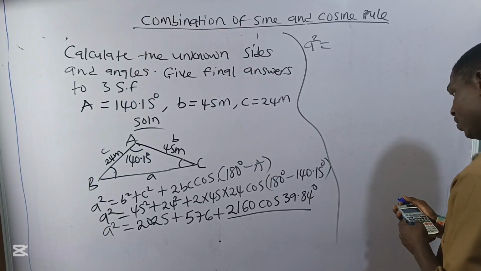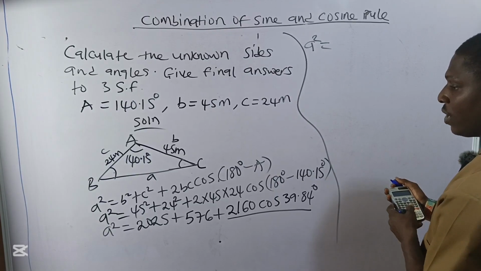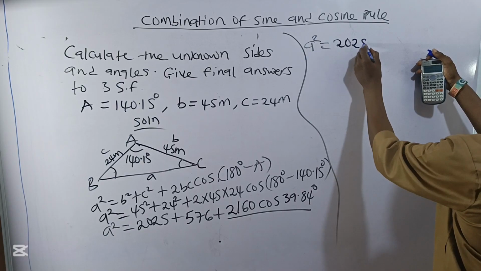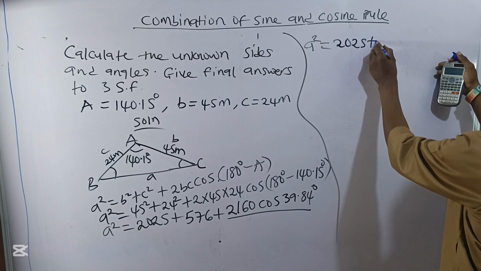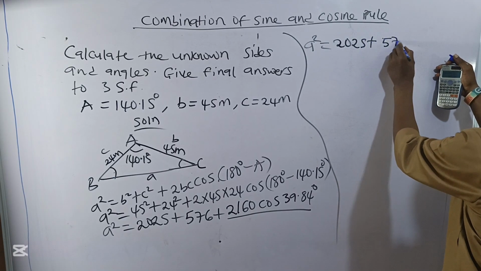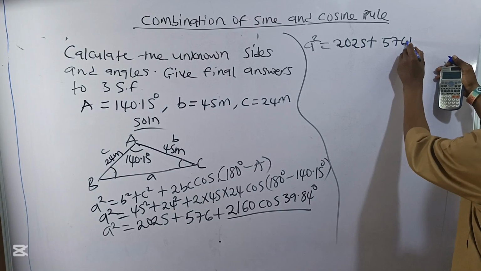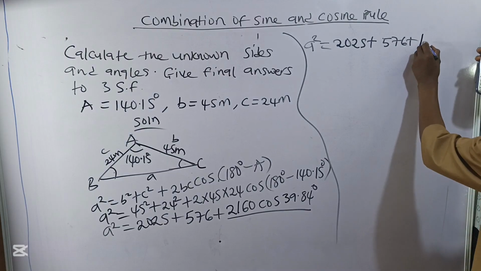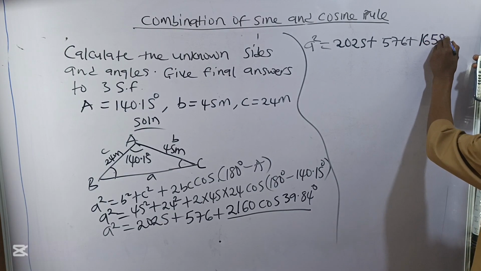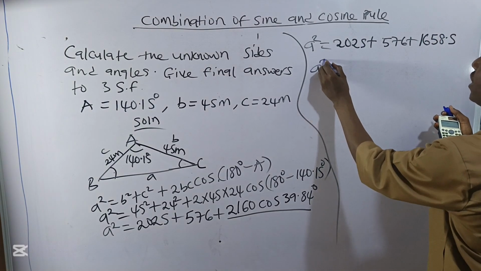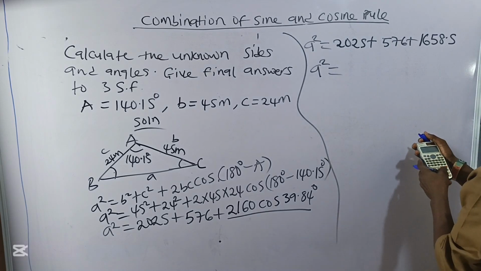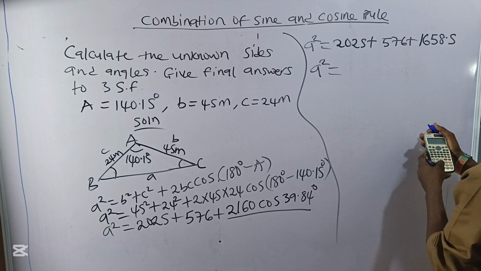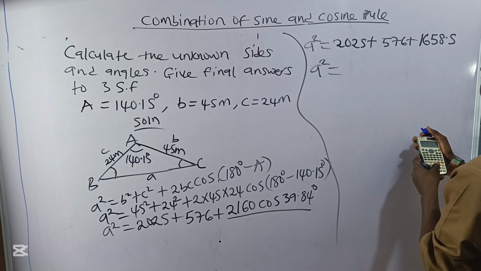So I'll multiply by 2160 and I'll have 2025 plus 576 plus the cos of this multiplied by this, giving me 1658.5. So a squared will be equal to the addition of all this plus 576 plus 2025.